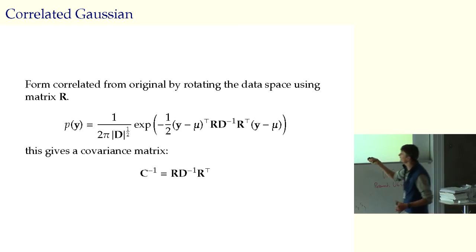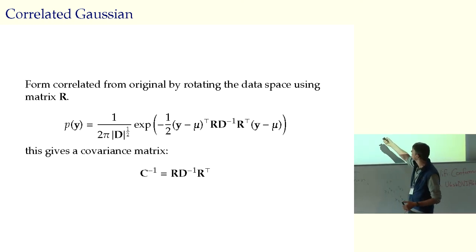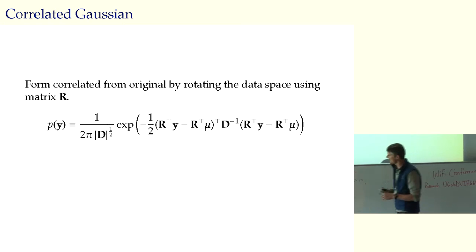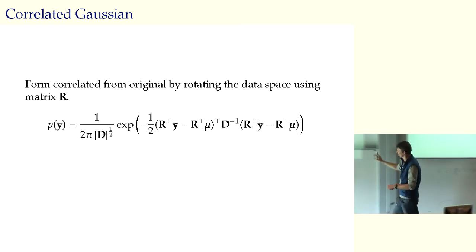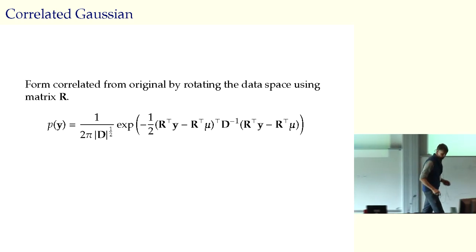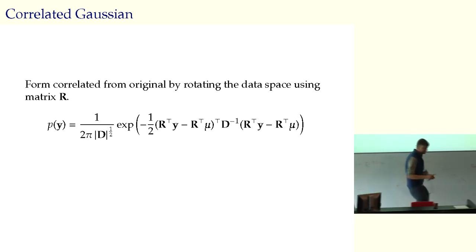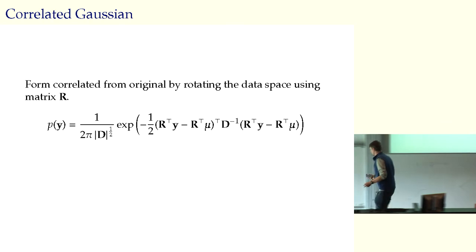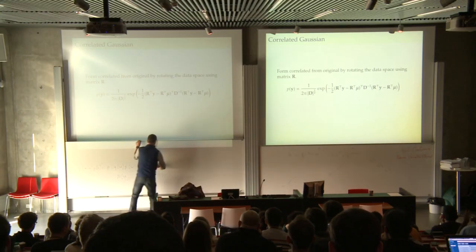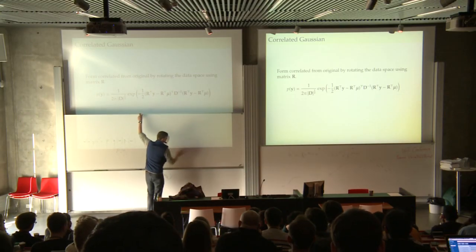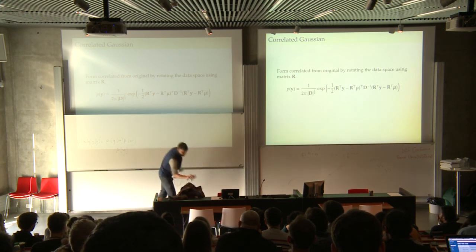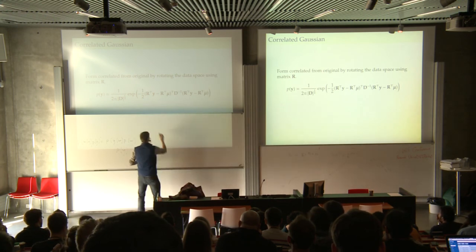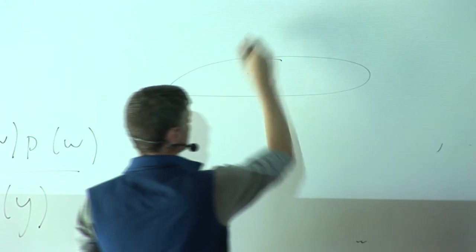So I always think of a covariance matrix like this, which is just like I start with a potentially independent Gaussian, which is axis aligned in some way.